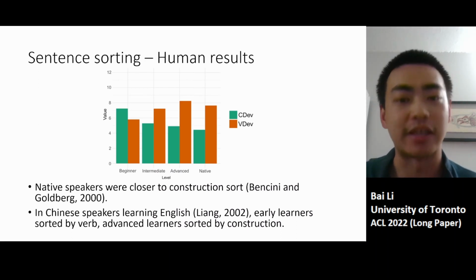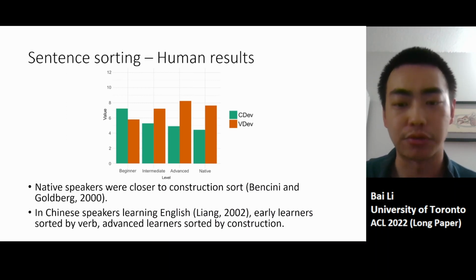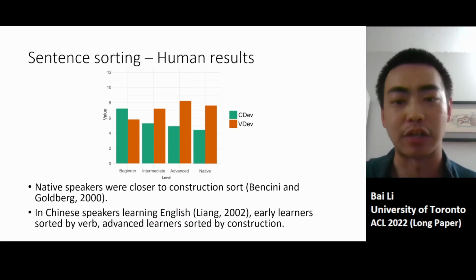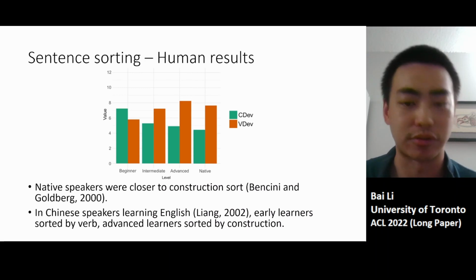So as they gained more proficiency in English, they were closer to the native speakers, and this is probably because the beginners looked at more of a surface level cue, like which verb was used, but then the construction was more central to determining the sentence meaning.